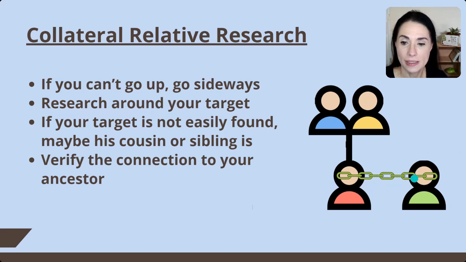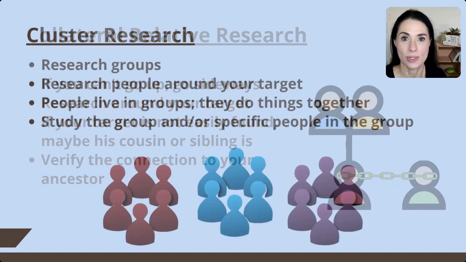If you can look at that ancestor and connect them to someone else in that family, and then that person you can connect back to parents or grandparents, that also solidifies your target ancestor's place in that family. So if you cannot answer the question about your target ancestor, look at other relatives around them that you could substitute to find the same information to answer your ultimate research question.